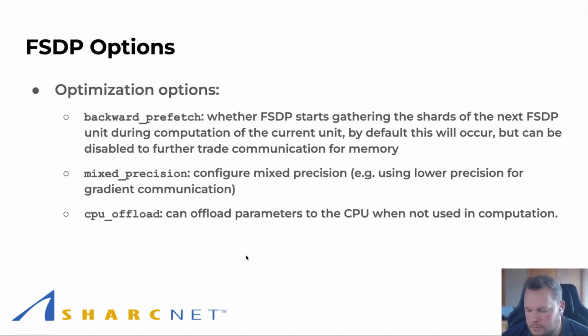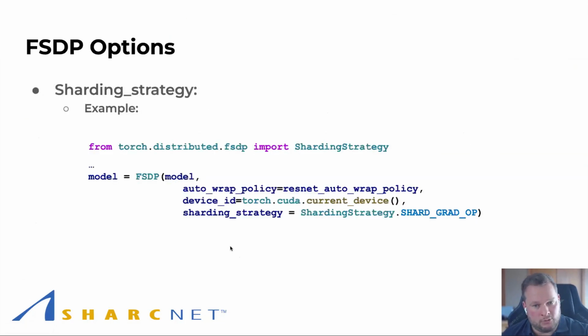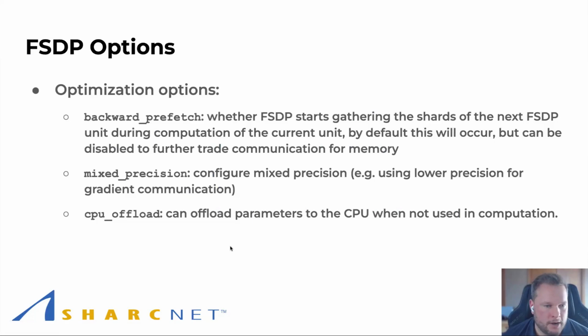If I go back to this picture here, it shows how CPU offloading works. Shards, instead of being stored on each rank, are stored off the GPUs in the CPU memory, and then we load them from the CPU. And again, now we're looking at communication between the CPU and the GPU, which is even slower than our inter-GPU communication. But we're really squeezing our memory constraints there.